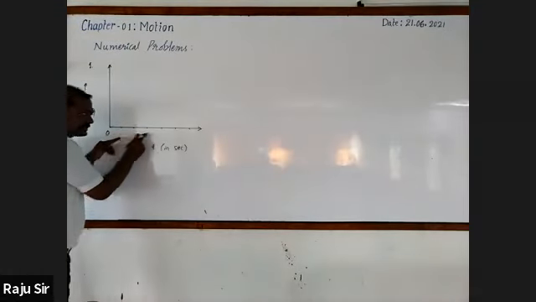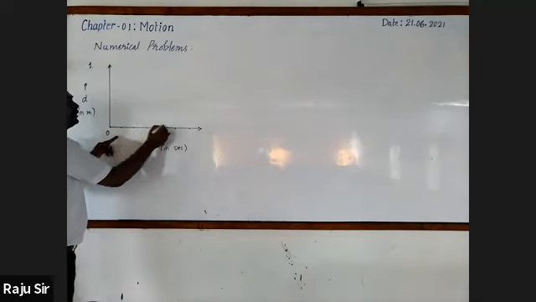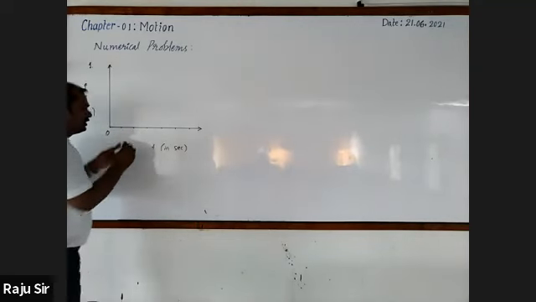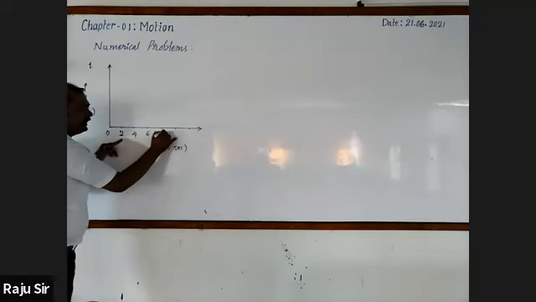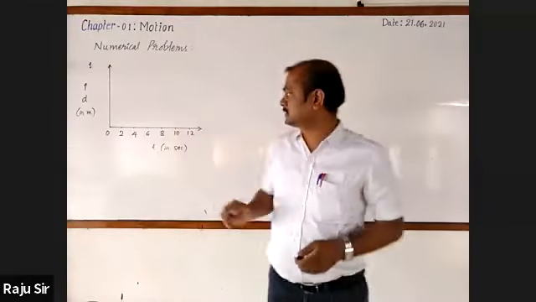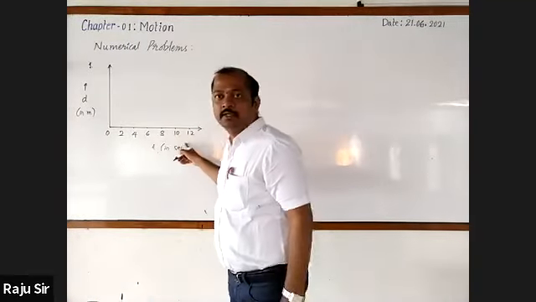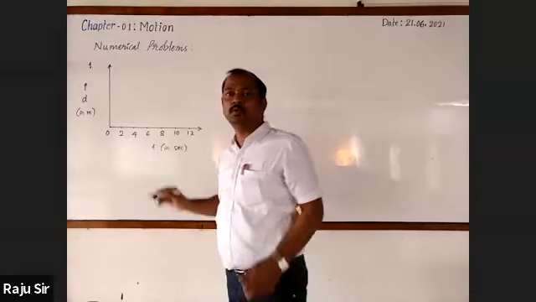Here, on the time axis, I'll take a unit distance of 1 centimeter, 1 centimeter, 1 centimeter, like this. And here I'll take 2, 4, 6, 8, 10, 12. It is time: 2 seconds, 4 seconds, 6 seconds, up to 12 seconds I have written.